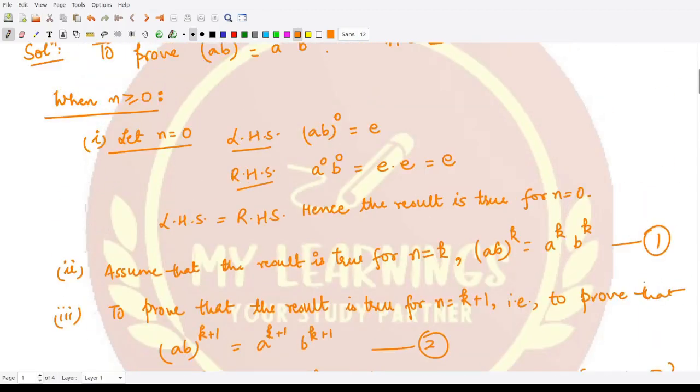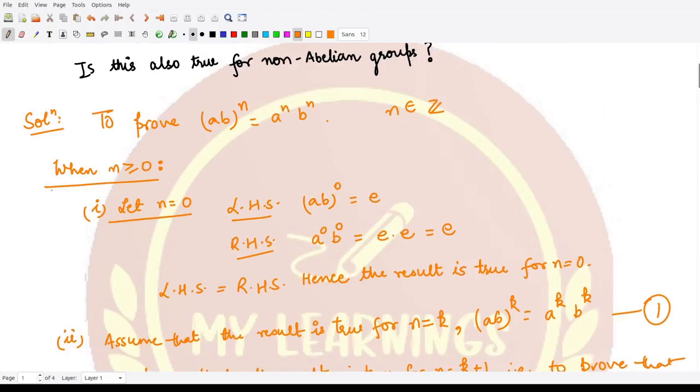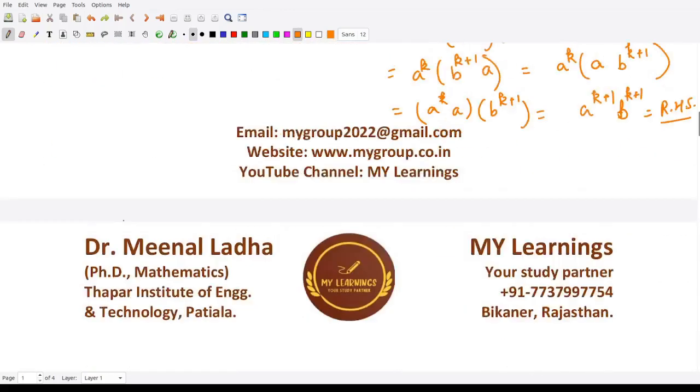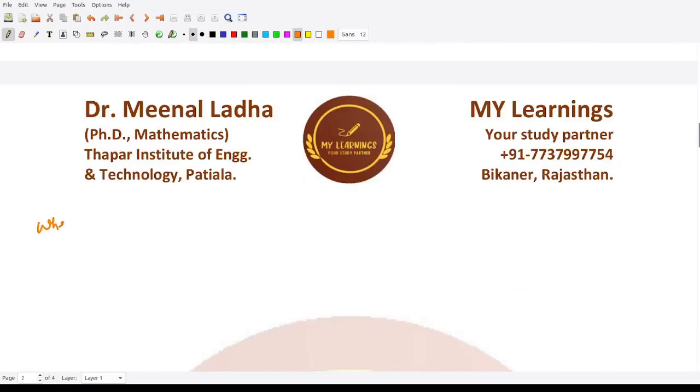Hence the result is also true for this case, and this was when your n was greater than or equal to 0. Now let's take the case when n is less than 0. When n is less than 0, we can write our identity as (ab)^0. There is no issue.